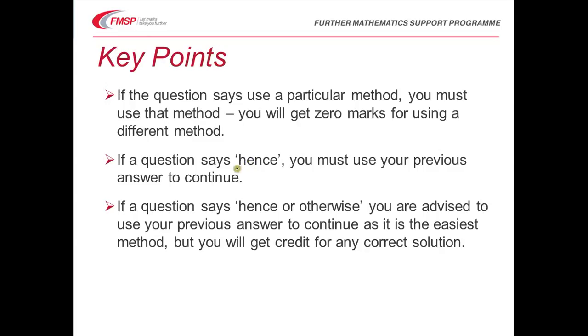If a question says hence or deduce, you must use your previous answer to continue. And again, if you don't, you won't get any marks, even if your working is valid. If a question says hence or otherwise, or as we had in the last question, deduce or otherwise, you've got a choice. You get credit for using another method, but you are advised to use your previous answer because that's going to be the easiest way to do it.